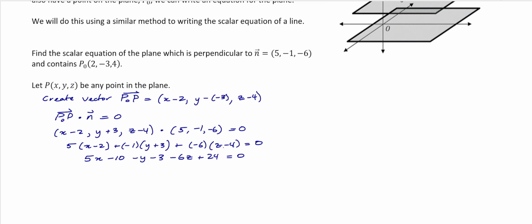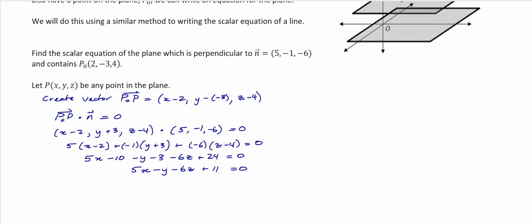And then I'm just going to clean this up a little bit. 5x minus y minus 6z plus 11 is equal to 0. And now, as you can see, I have an equation that defines the plane.